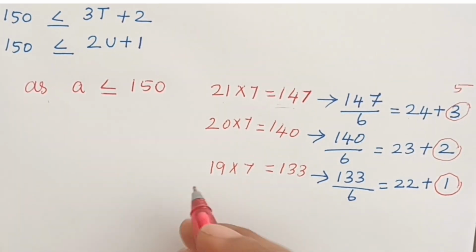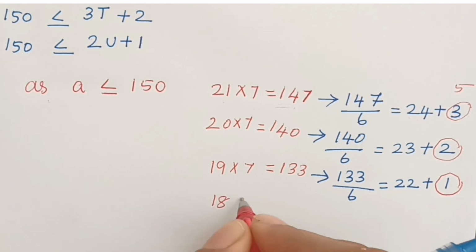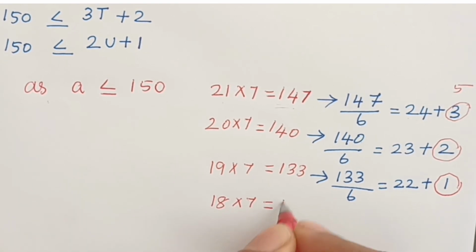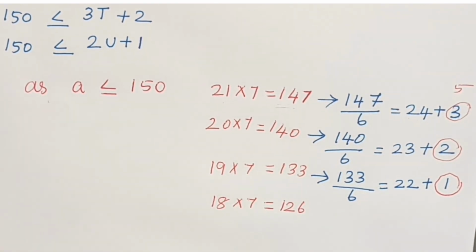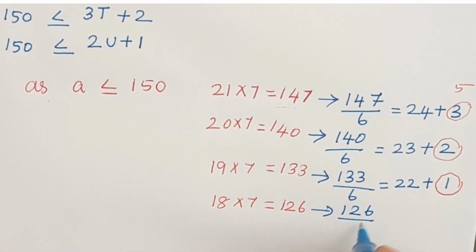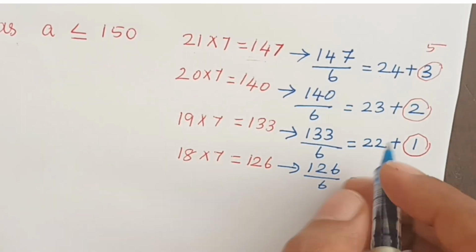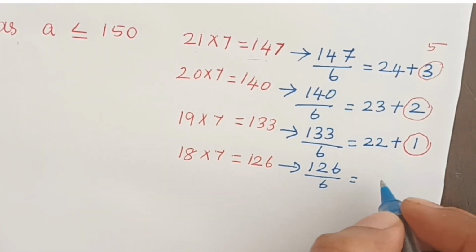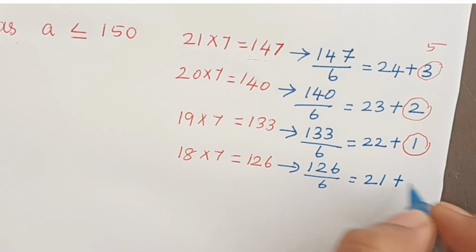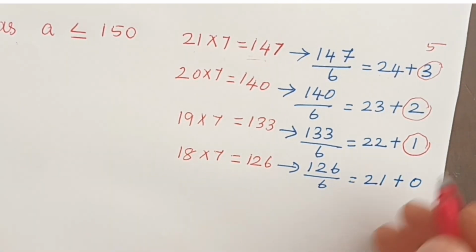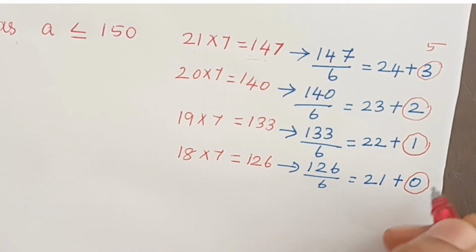Again we move to 18 into 7. 18 sevens are 126. 126 divided by 6 is 21 plus 0, so this is also not satisfied.